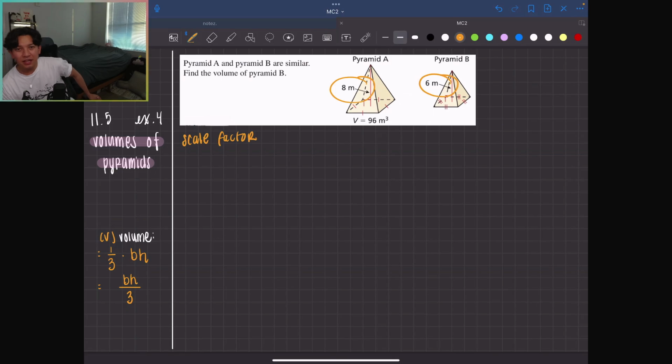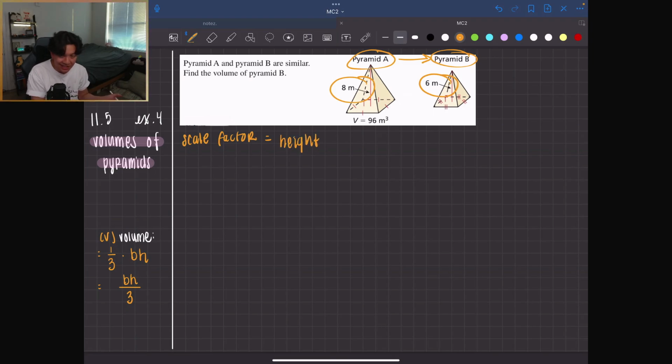Remember, if we want to do scale factor, you have to do it in a way where it's the image over the pre-image. So what does it become after? Well, if we start at Pyramid A, the image is going to be Pyramid B. So we use the height, and you can use anything just as long as it's not volume.